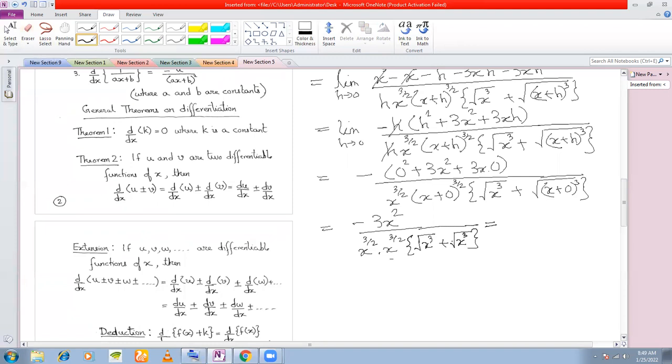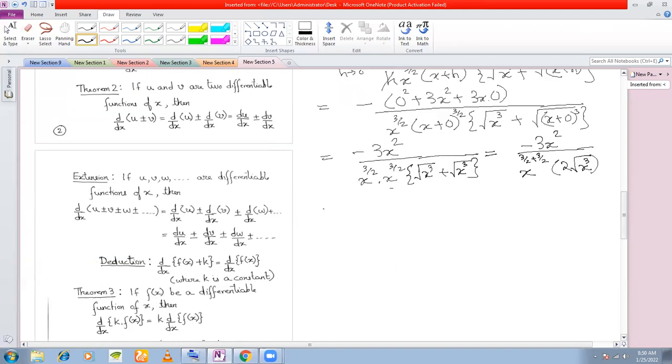So we are going to get here minus 3x square divided by x to the power of 3/2 into x to the power of 3/2, you can add the powers, and this can be written as twice root x cube, right? So you're getting here minus 3x square divided by x to the power of 3/2 plus x to the power of 3/2 will give you x to the power of 6/2, which is x cube, and you have a 2.